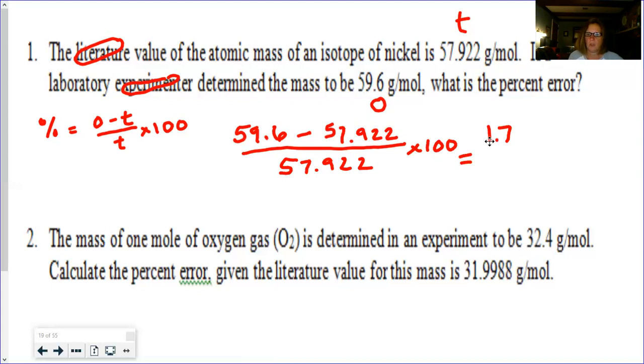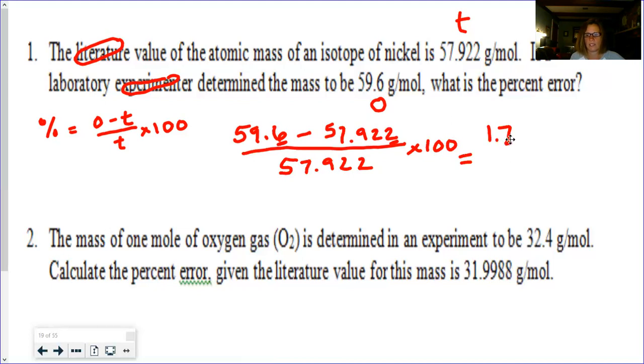Okay, 1.7 grams per mole. Now, that might not be what you got when you typed it into your calculator, but because you're using the subtraction rule and this number goes to the tenths place, this number goes to the thousandths place, we have to round to the least precise decimal place, which is the tenths place.